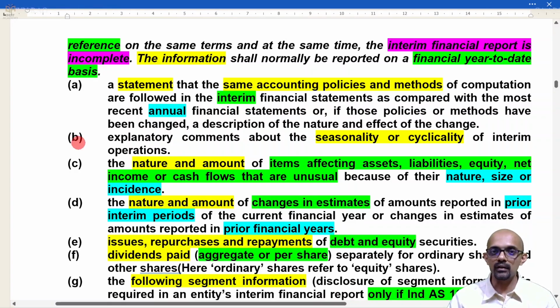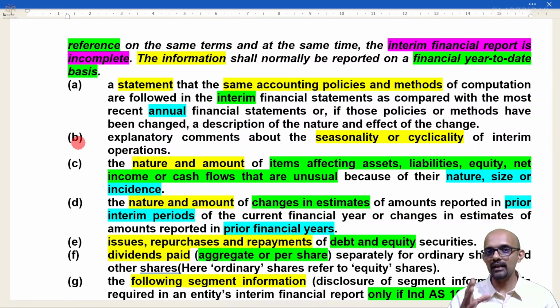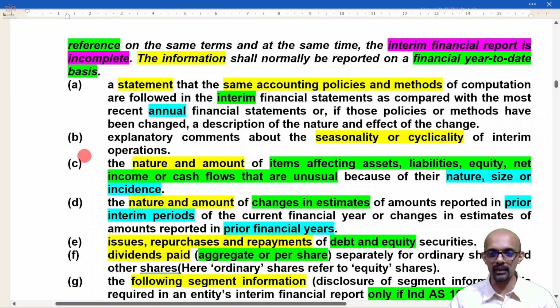If the business is seasonal or cyclical in nature, an explanatory comment should be given, because in interim the position may be distorted. Throughout the year it may get evened out, but when you present interim it may be distorted, so you need to give an explanatory comment so that the users can better judge.